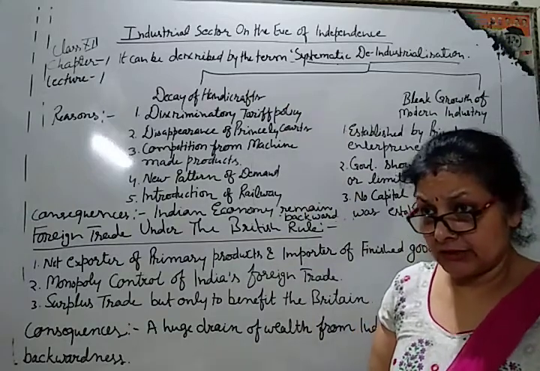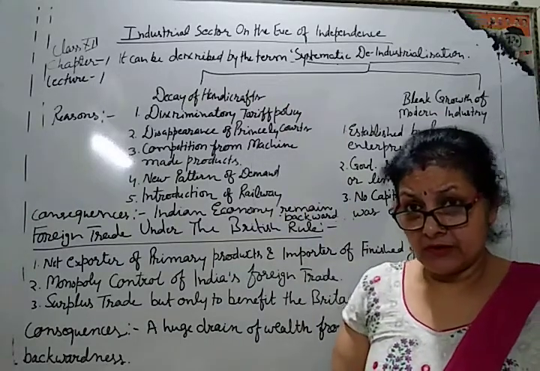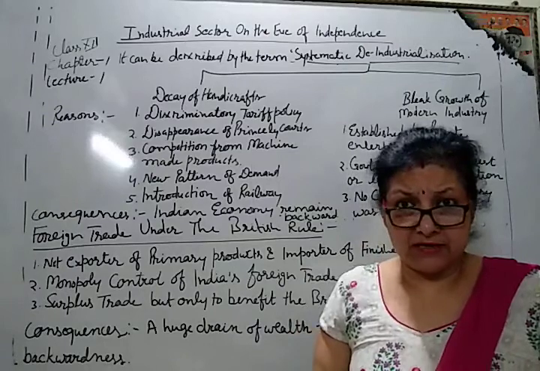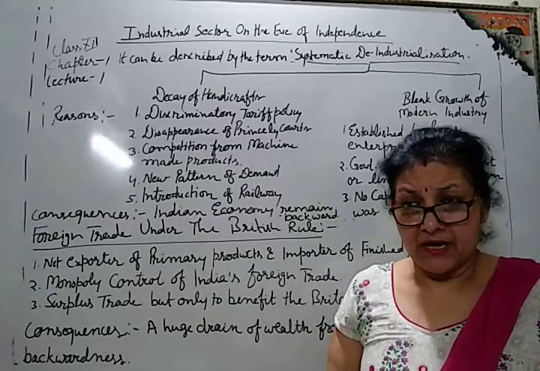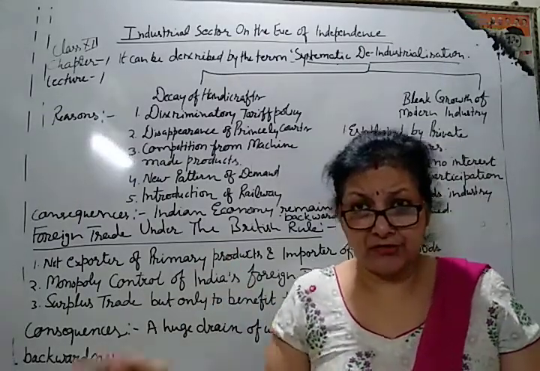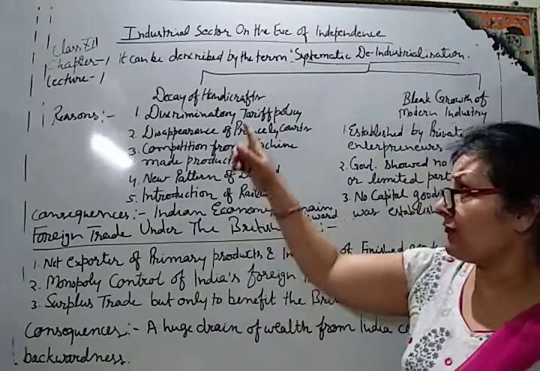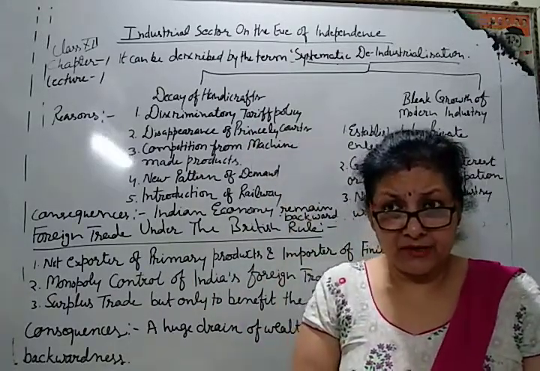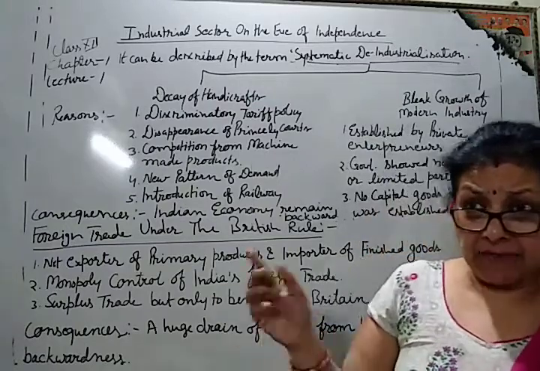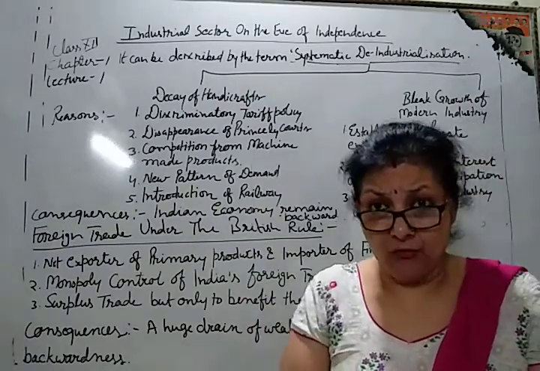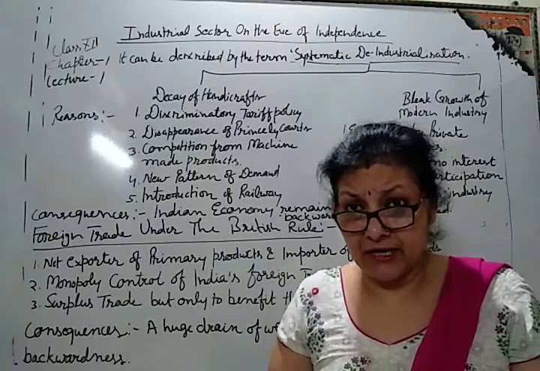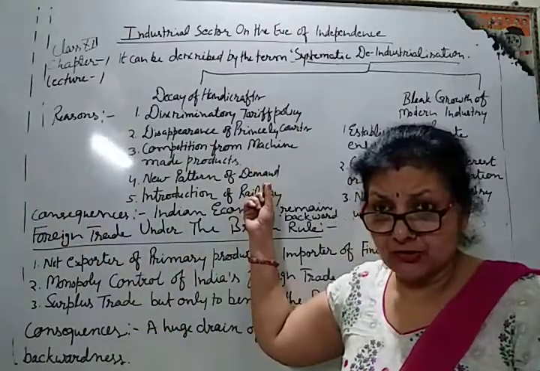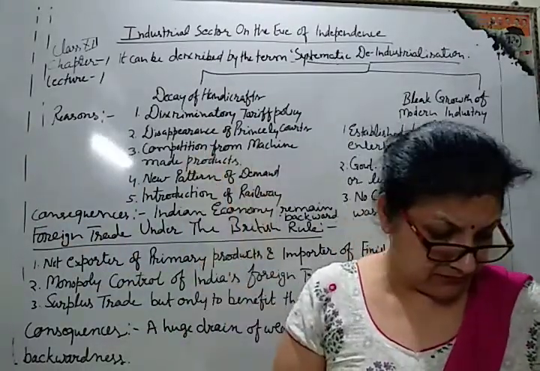As I have told you earlier, the British government imposed heavy duty on the export of handicrafts, while on the other hand, it allowed duty-free import of finished goods to India from Britain.